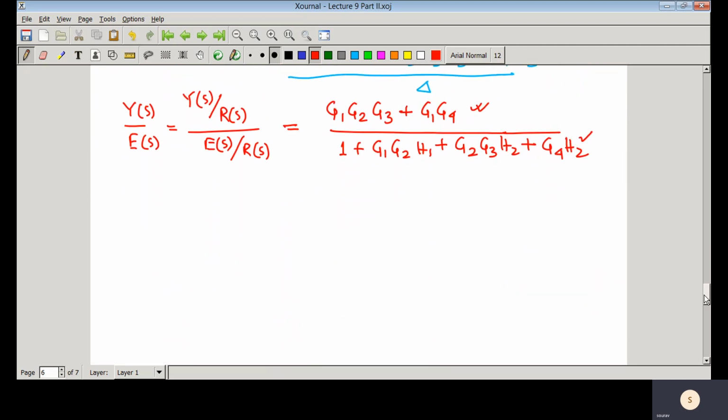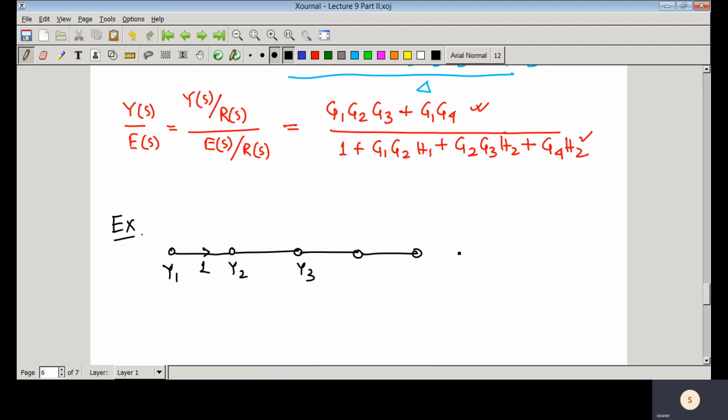So now we'll take one more example, a very simple example. If you have a signal flow graph like this, suppose you have this variable and this gain is 1 here, and this is y2, this is y3.